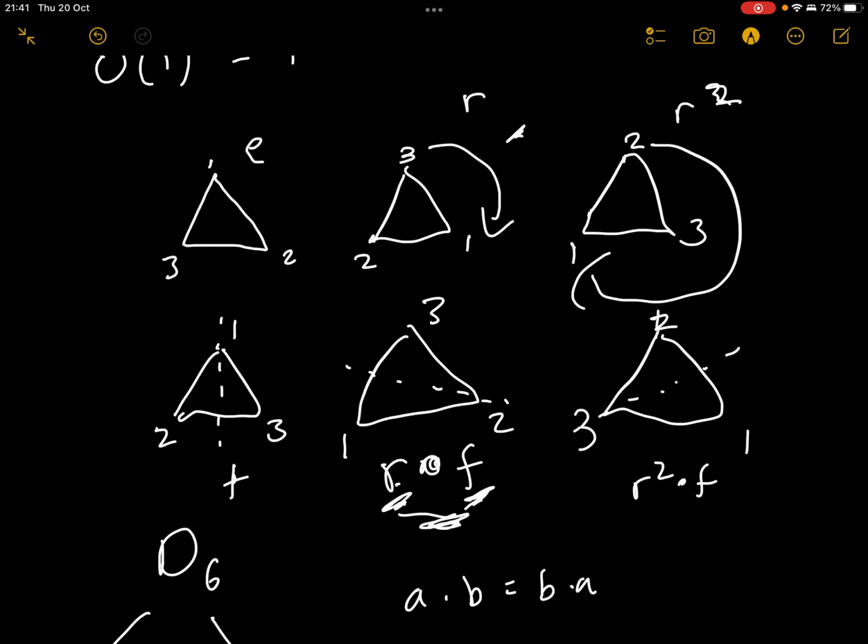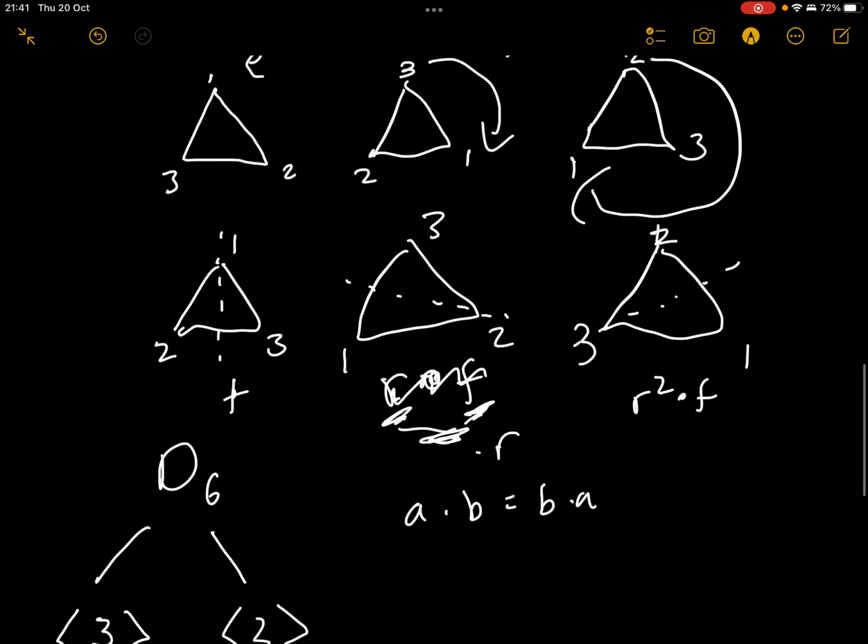In fact, I should probably write it the other way around. That's how it's normally done, isn't it, in function notation? You would normally write it like this, because you apply this function before you apply this one. And also matrices.